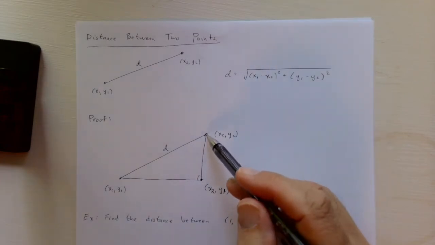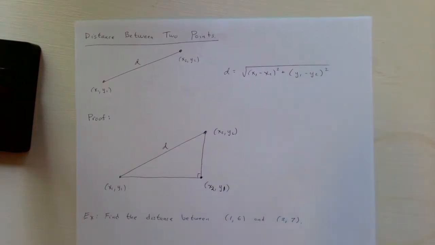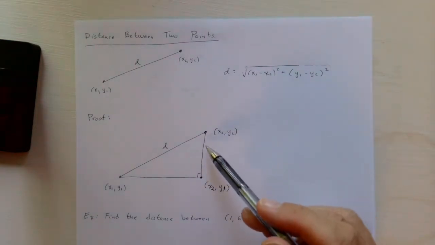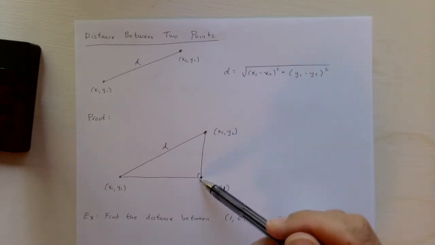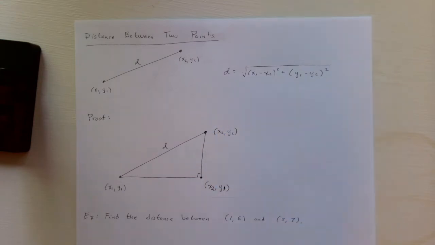Because obviously, a vertical line and a horizontal line always intersect at right angles. And we can see that this third point has to have the same x-coordinate as this point, so the x-coordinate is x2. And these 2 points here have the same y-coordinate, which is y1. So the coordinate of this has to be (x2, y1).